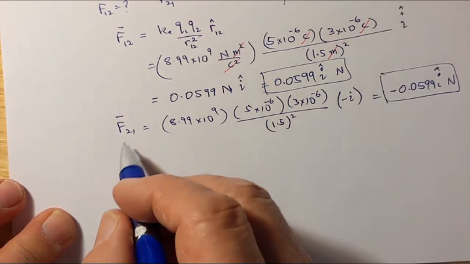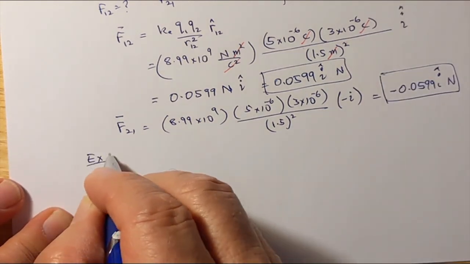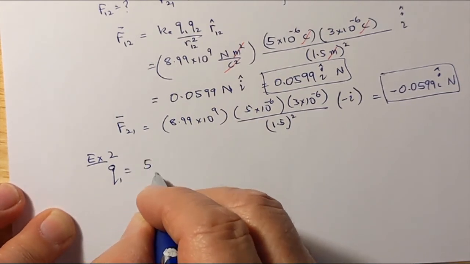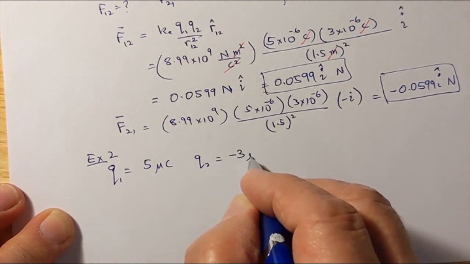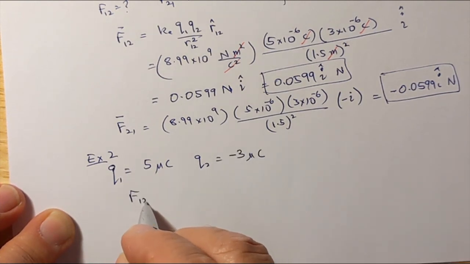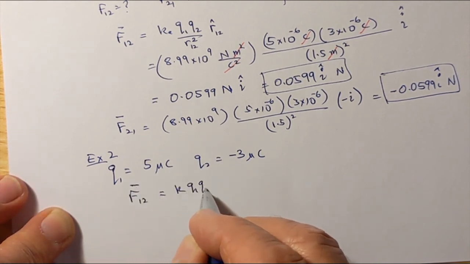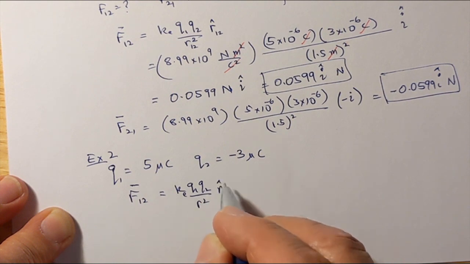Now let's do a second example. If Q1 is taken as 5 microcoulomb and Q2 is taken as minus 3 microcoulomb, then F12 is going to be K Q1 Q2 over R square r12.